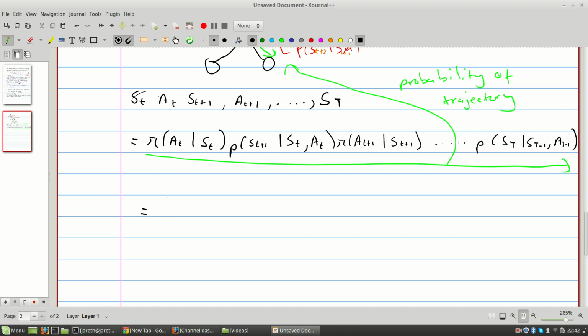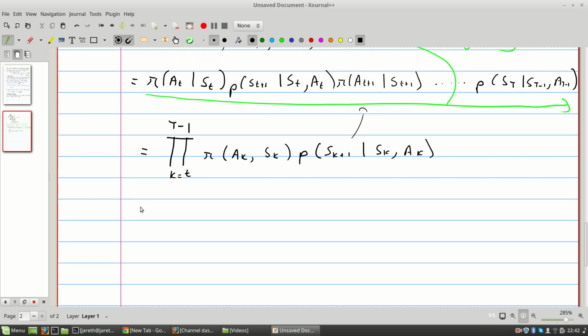This is equal to the product from k equals t up to some point T minus 1 of pi(a_k | s_k) times the probability of s_k+1 given that we're in s_k and we take action a_k. So this is just another way of writing what we have here as this product term. That's the probability of the trajectory under policy pi.